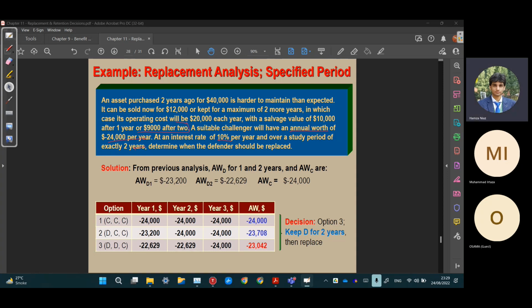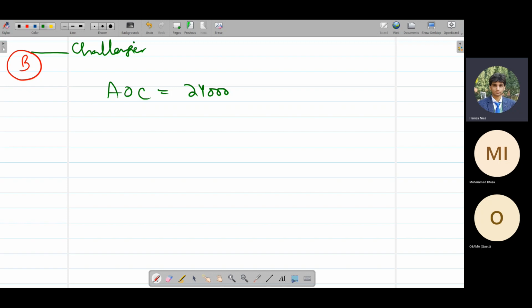Fine. So is it all right that they are saying that the study period is 2 years? Study period is equal to 2 years.